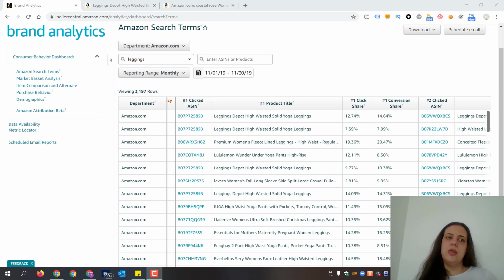First of all, to identify some of the possible product variations that they can introduce to their brand that they might not have thought about before. And second of all, to really understand the competition around the search terms that we want to rank for organically. You have practically all the information you might ever need to do this in this report.